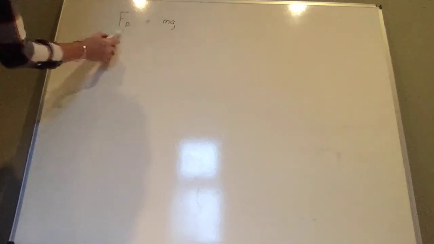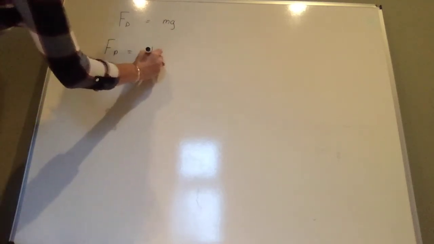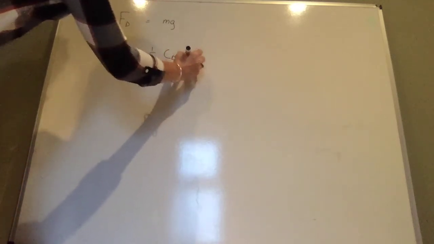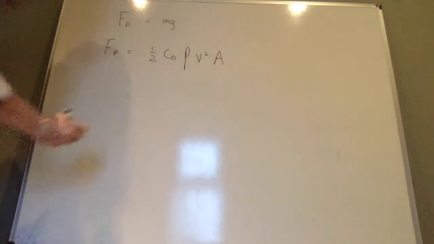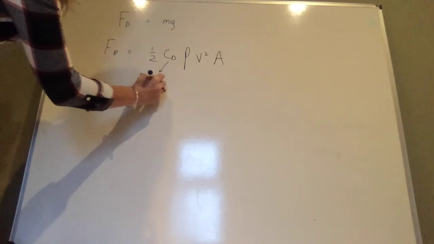What we want now is an expression for FD, and that expression is FD equals a half CD rho V squared A. Now, the CD is the drag coefficient.